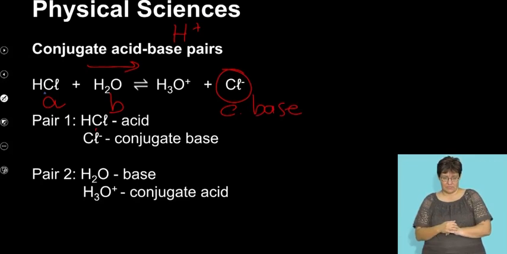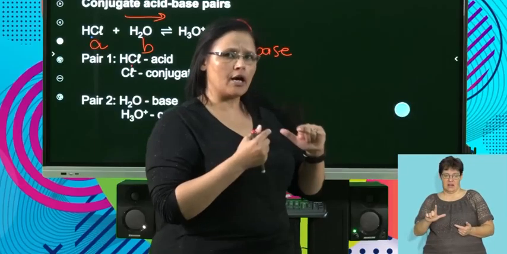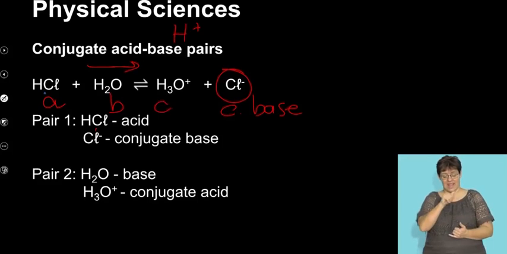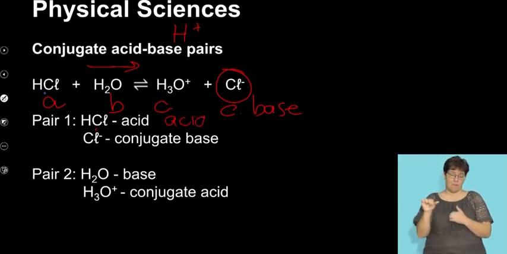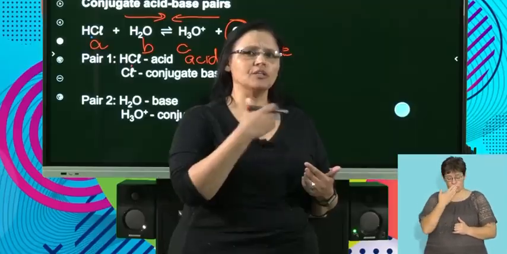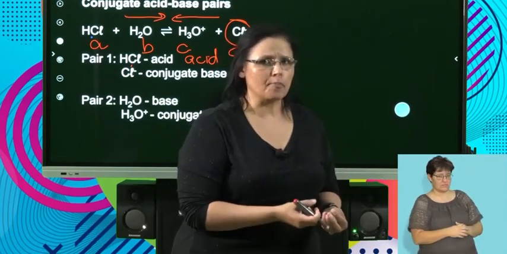If you now look at your reverse reaction, the chloride ion is now your base and the hydronium ion is now your acid. If your hydronium ion is the acid, what do we know according to Lowry and Bronsted? An acid will donate a proton and a base will accept a proton.